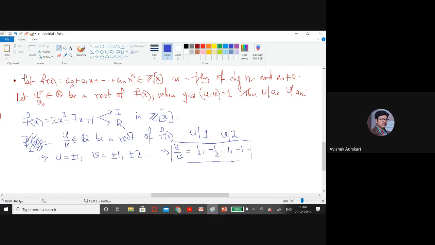That means there exists no root from Q. Okay, so you can check that f(x) is not equal to 0 for all x belonging to this set, plus minus half, plus minus 1. What would be your conclusion? That implies f(x) has no rational root.